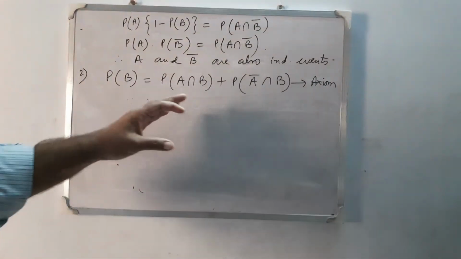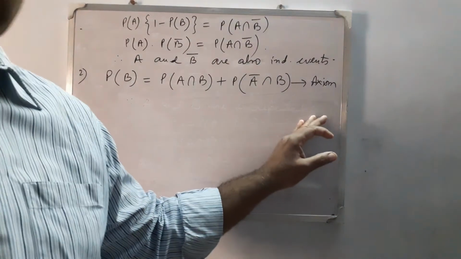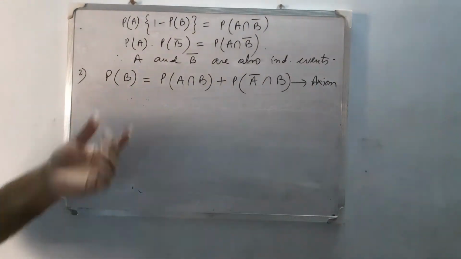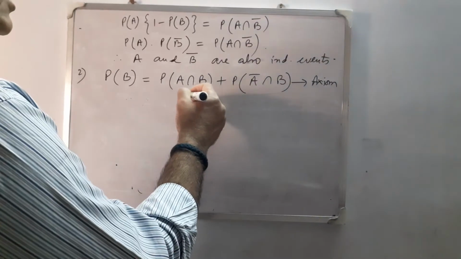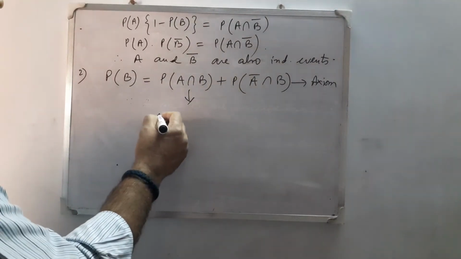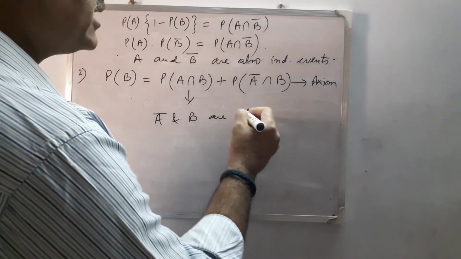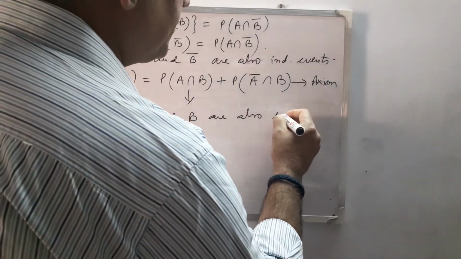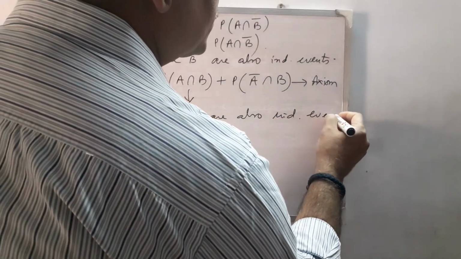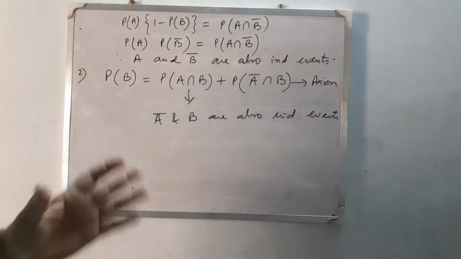From there you can learn how this result happens. Now, proceeding in the same fashion, you are able to prove that A bar and B are also independent events. This is left for you. You can prove it very easily.